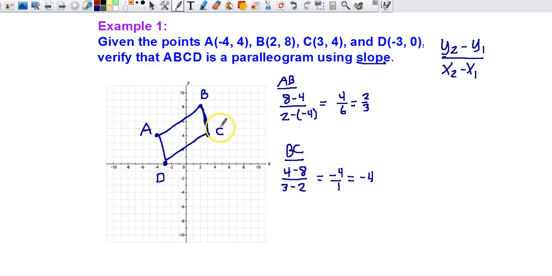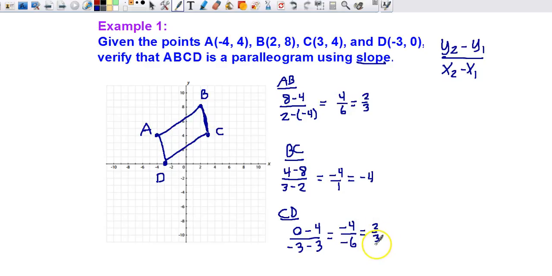Next segment, CD. That's going to be 0 minus 4 divided by negative 3 minus 3. 0 minus 4 is negative 4. Negative 3 minus 3 is negative 6. Negatives will cancel out to give you a positive, and again, we notice 4 over 6 reduces to 2/3.